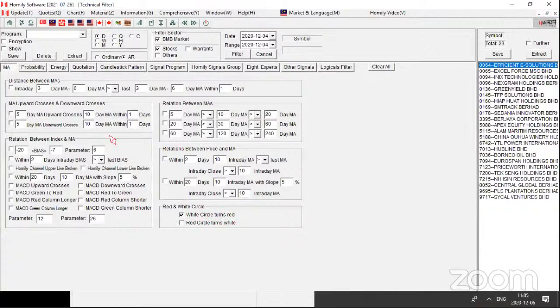In the first category, under the moving average MA platform, tick Y circle 10-3, okay? Next question.